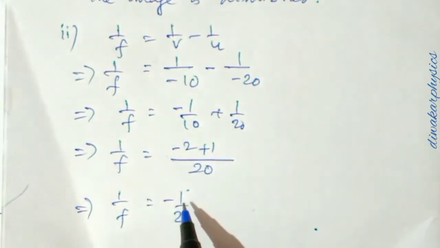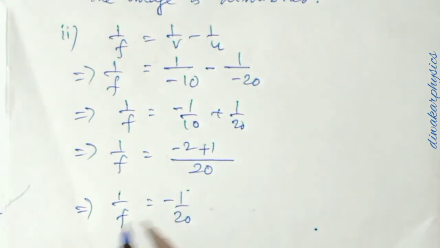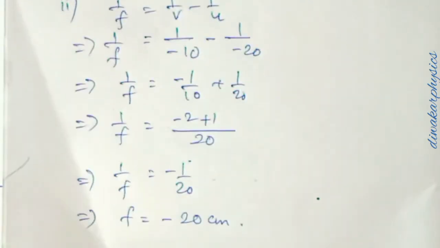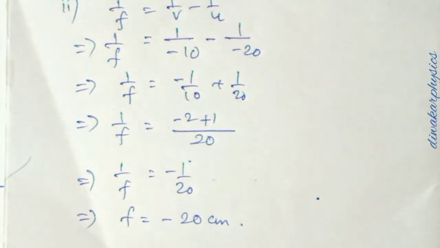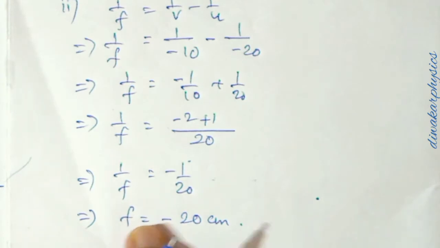And don't divide minus 1 by 20 and write 0.005. So f is equal to minus 20 centimeter. Now here you have got f equal to negative 20. So it's correct because the focal length of a concave lens is negative. So you have got the right answer with proper sign. This way we have to solve for concave lens.